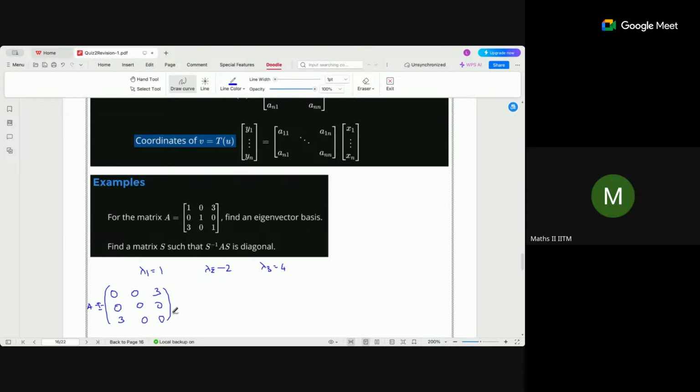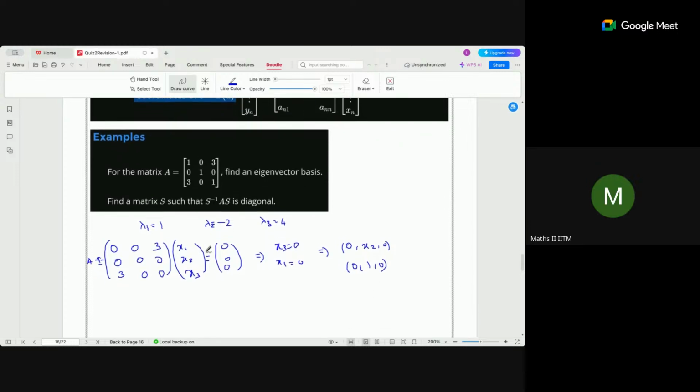Very easy, right? Then you multiply it with x1, x2, x3 and equate it to 0. So you will get x3 equal to 0 and x1 equal to 0. So you have 0, x2, 0. It means the eigenvector is 0, 1, 0. So the eigenvector corresponding to lambda 1 equal to 1 is 0, 1, 0. Correct?